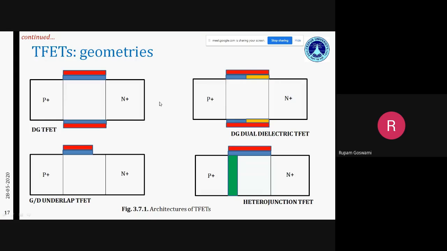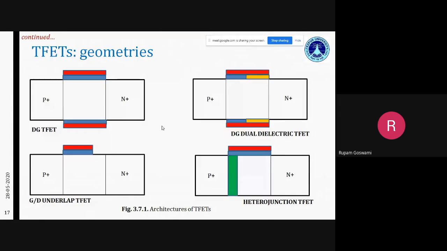Also, to point out at this point, the current which flows in your TFET during its on state occurs in the source channel tunnel junction, or the junction of the P plus source and the intrinsic channel, and the ambipolar current flows at the junction between the intrinsic channel and the drain. So these are some of the key points why we introduce such changes in architectures.